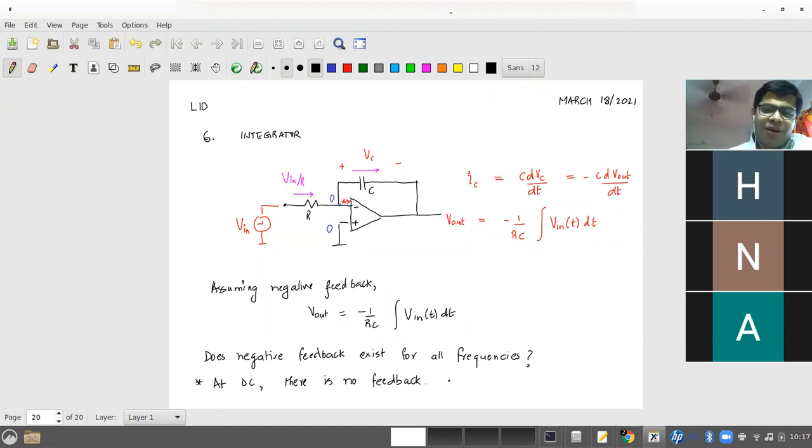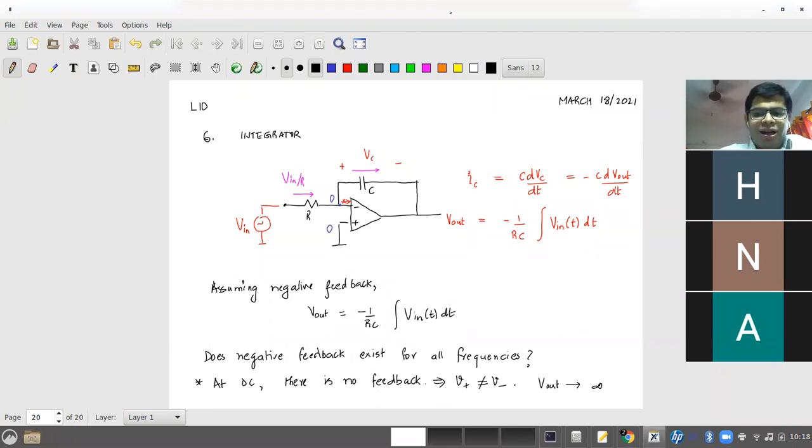If there is no negative feedback, you cannot say V plus is equal to V minus. V plus is 0, that is clear. V minus is some quantity. So what will happen to V out? It will tend to infinity, right?